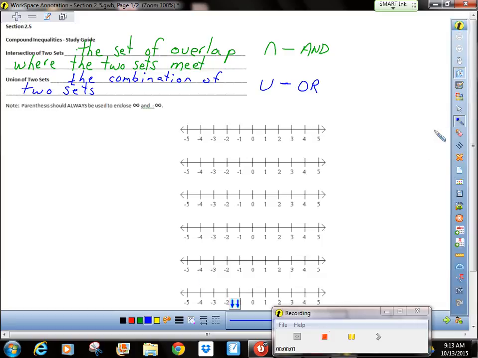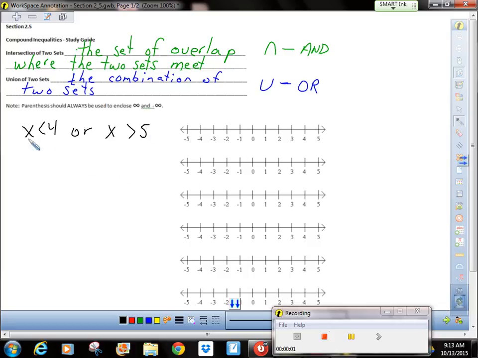Here's an example. Get a marker here. X is less than 4, or X is greater than 5. X is less than 4 or greater than 5.